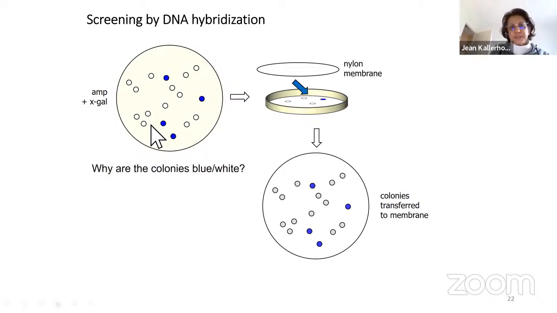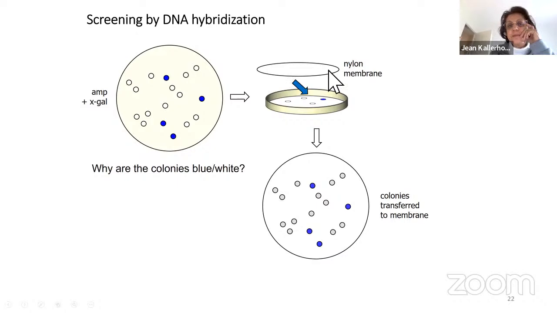On your Petri dish, it is a very easy technique. You will put a nylon membrane on your Petri dish overnight. And after one night, all these colonies will have been transferred to the nylon membrane.